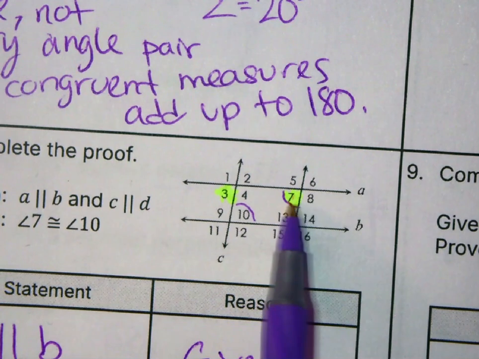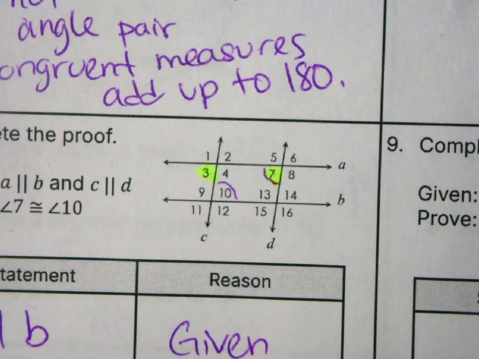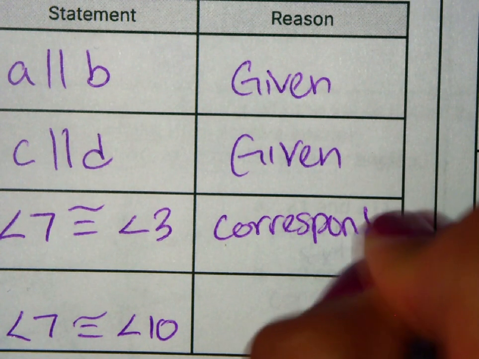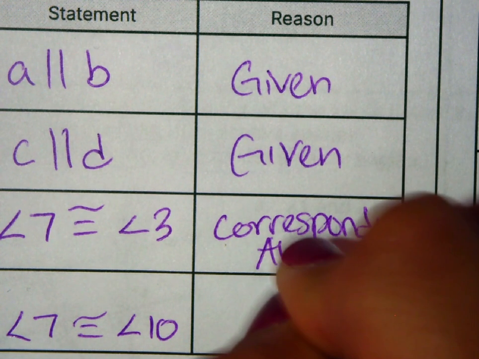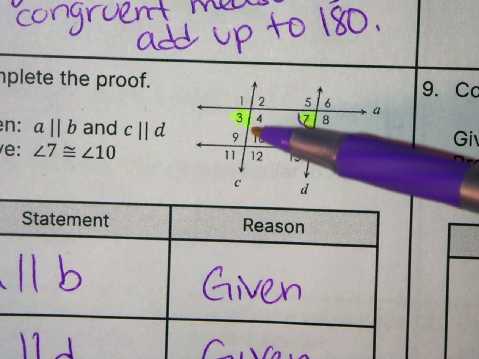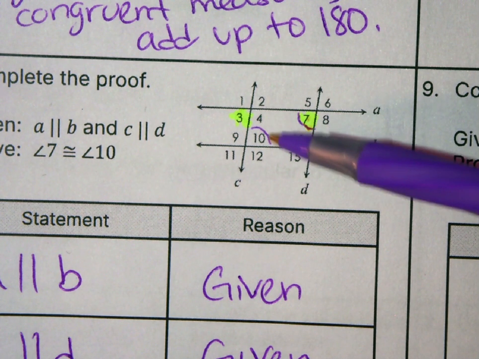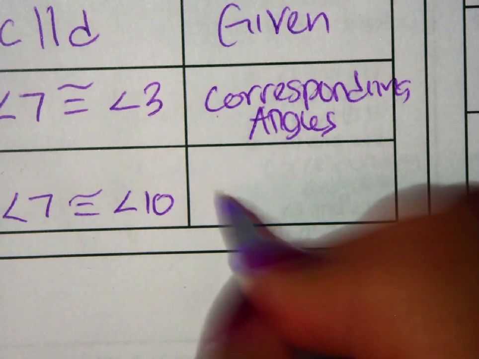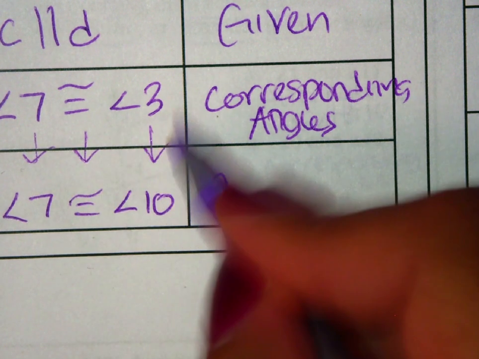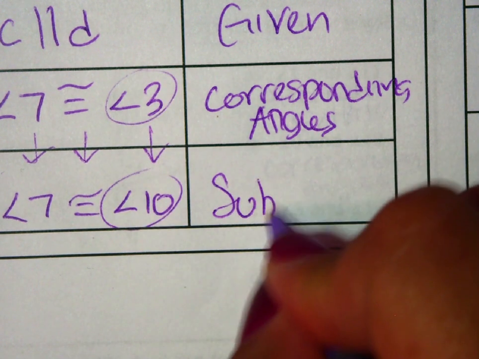And that is because of corresponding, it just slides down. We can now conclude that angle 3 is congruent to angle 10 because of substitution. Because if you notice, we are using the same notation, we just substituted these two.